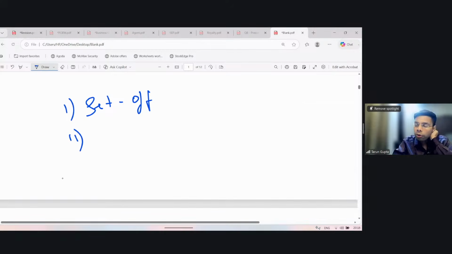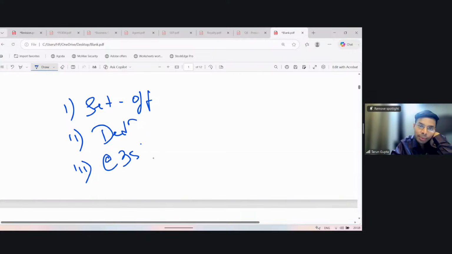Then under 44B, I am allowed deduction under Chapter 6A, which is not there in 172. Then under 44B, I am taxable at the rate applicable to me. Under 172, I am taxable at the rate of 35%, as is applicable to a foreign company. Clear?